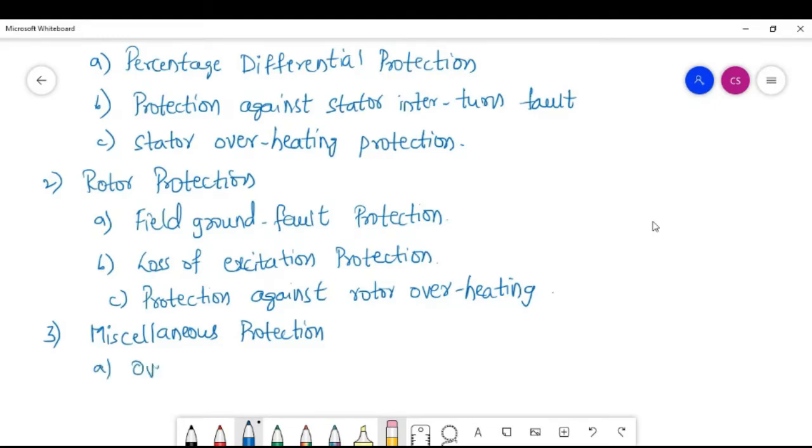Over voltage protection. Over speed protection.